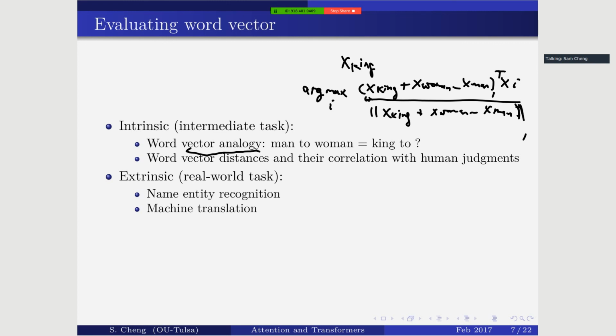If I try to maximize that and find the argument that maximizes it, you'll find that the word embedding model, the Word2vec model, will give you queen here basically.